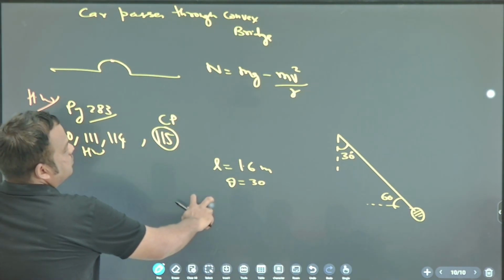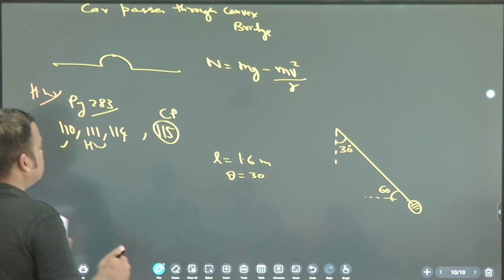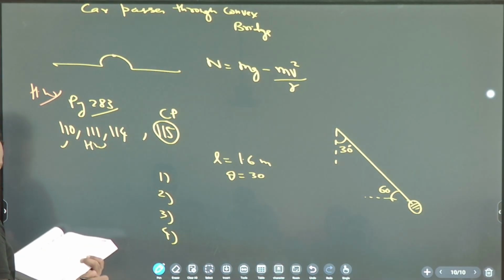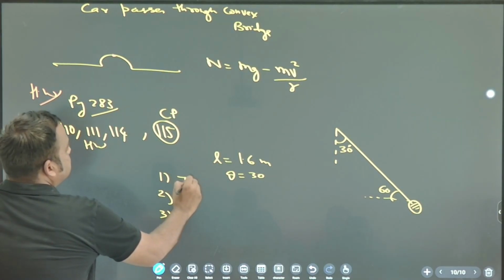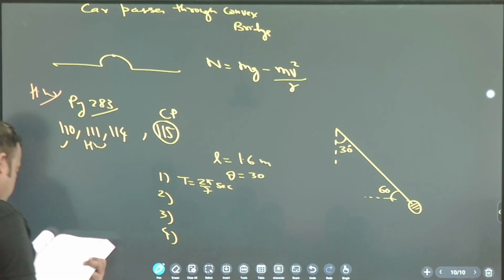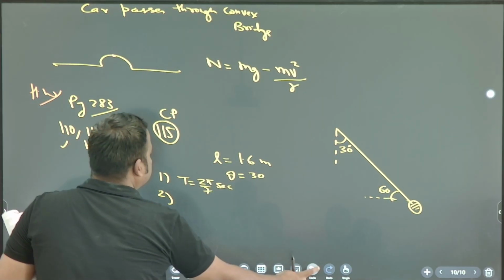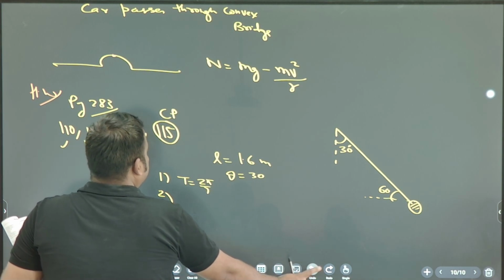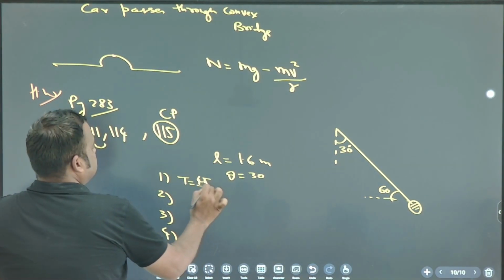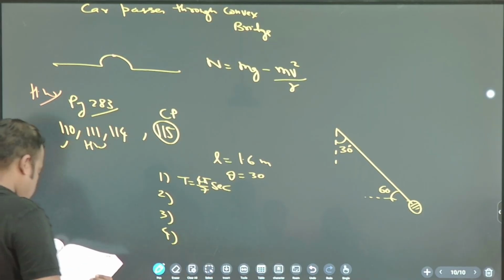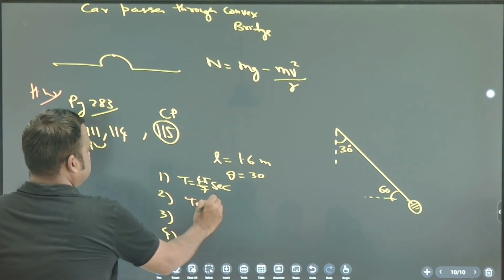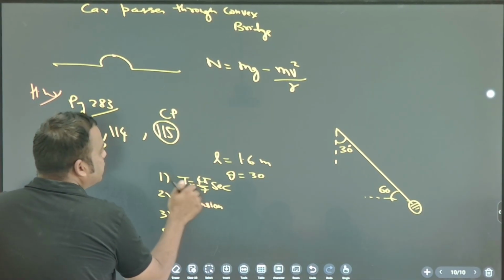Now options are there. Select correct option. Time period is 4 pi by 7 second. Second option, tension. This is time period. Okay, time period, what is the formula?